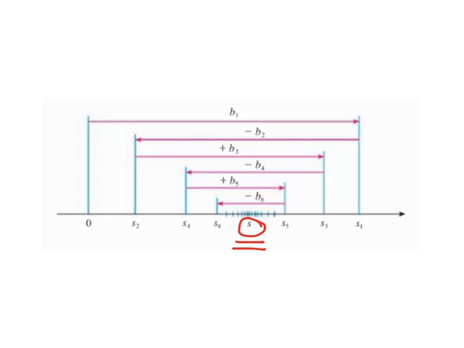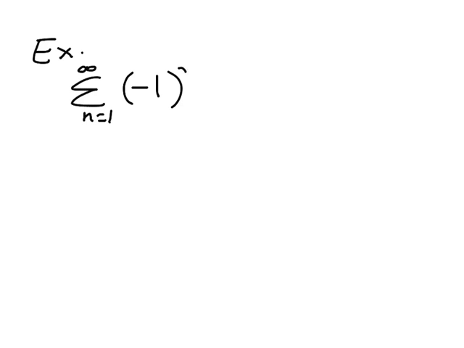Say we have the sum from n equals 1 of minus 1 to the power, and what we need to keep in mind is that the power that the minus 1 is raised to often determines which terms are negative or positive.